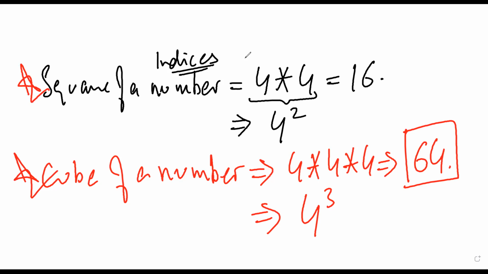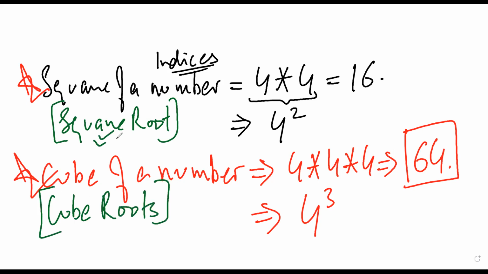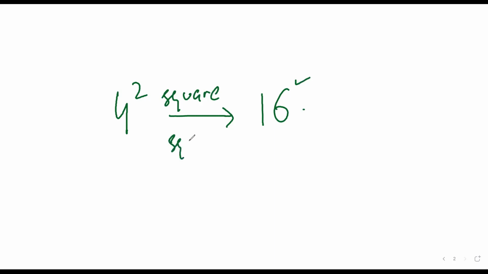There is something called a square root, and there is also something called a cube root. These are usually the most famous roots. The basic logic is that you take this number 16. 4 square is 16.